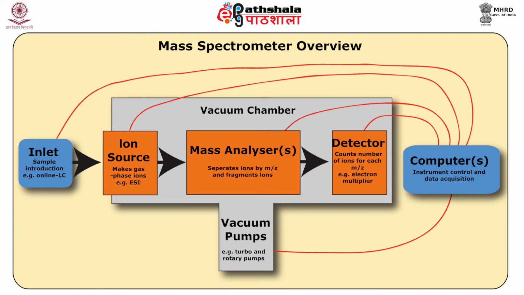Second, in the mass analyzer, normally the ions are separated according to their m/z ratio. Lastly, the detector detects the separated ions to be analyzed, and the results are depicted on a chart.